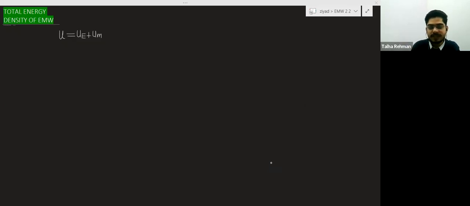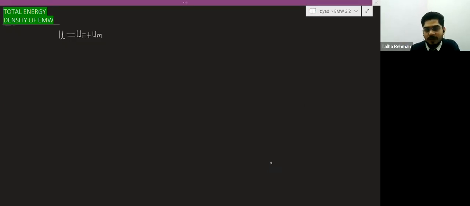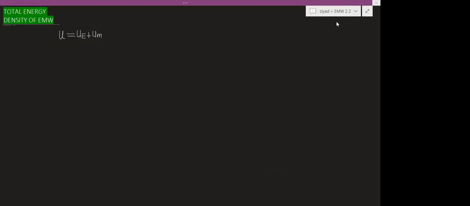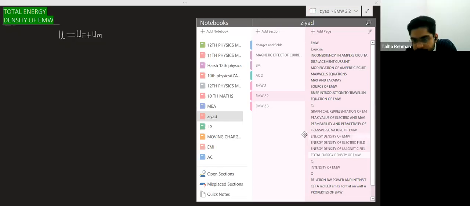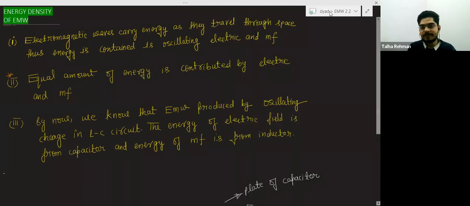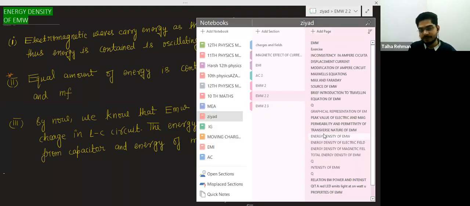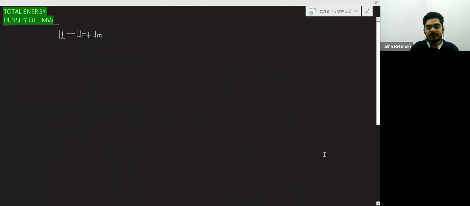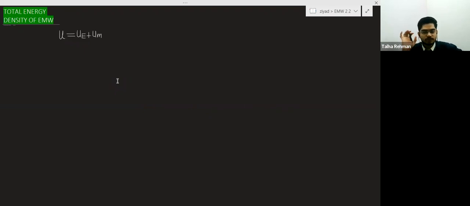Basically, both energy densities are equal, because I have told you here that an equal amount of energy is contributed by the electric and magnetic fields to the electromagnetic wave. So now we will see whether the electrical energy density, and we will take the average value, is equal to the magnetic energy density.